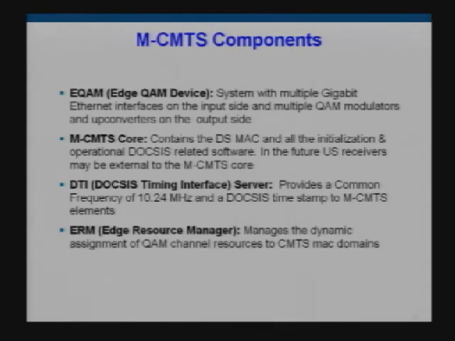So today the way it is done with most of the implementations is by statically doing the configuration, the static configuration on the MCMTS core as well as the static configuration on the EdgeQAM.